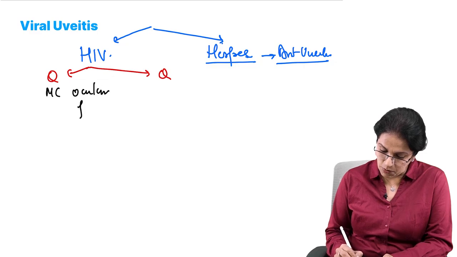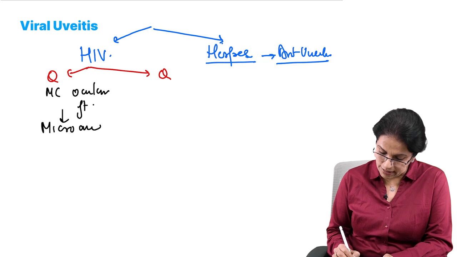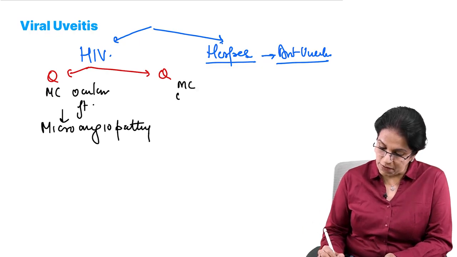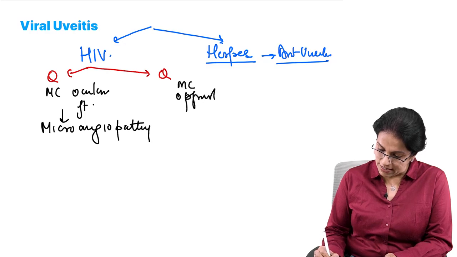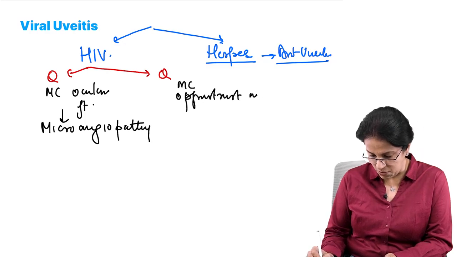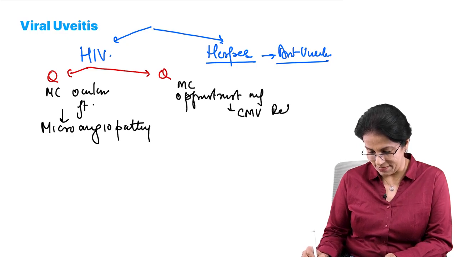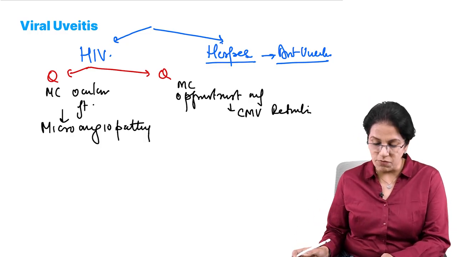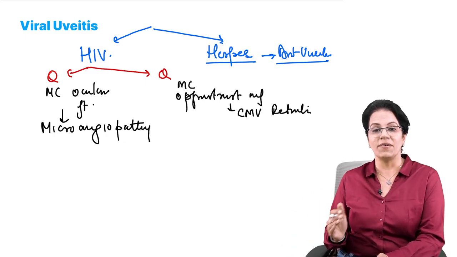If they ask you what is the most common ocular feature, your answer is microangiopathy, pathology of small blood vessels. And if they ask you the most common opportunistic infection, your answer is CMV retinitis.